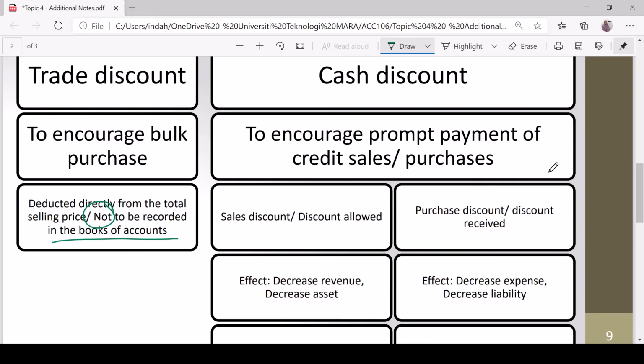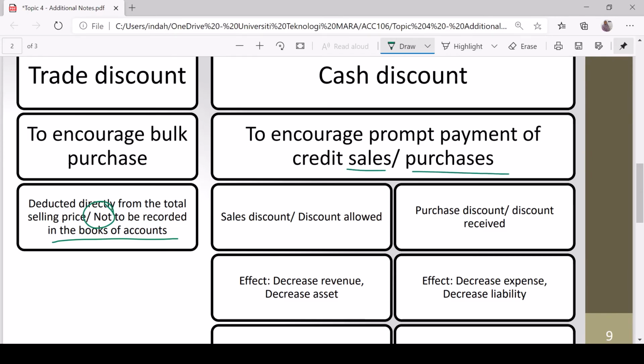But when the customer makes the payment within the credit term, with discount, we have to show a deduction in our account due to discount allowed or discount received. So this is to encourage prompt payment of credit sales or credit purchase.